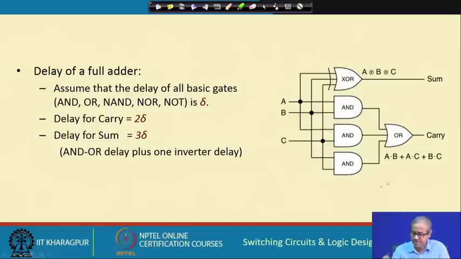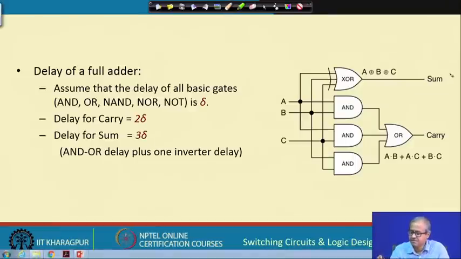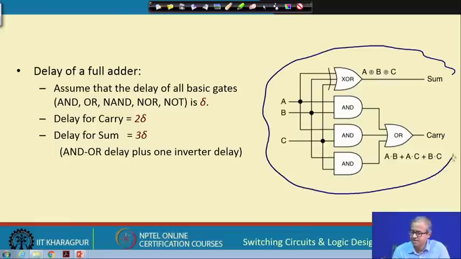Now, using the previous method, this delay we have already talked about earlier. So, here it is mentioned again. This is the original design of the full adder, where this sum was generated by an XOR function and the carry was generated using A B or A C or B C this way. So, if delta as I mentioned is the delay of a basic gate, for carry it requires 2 levels of gates, first is AND then OR, which is 2 delta.